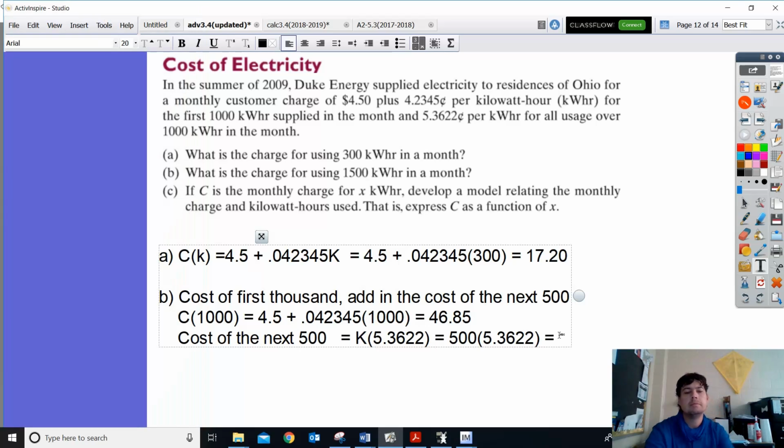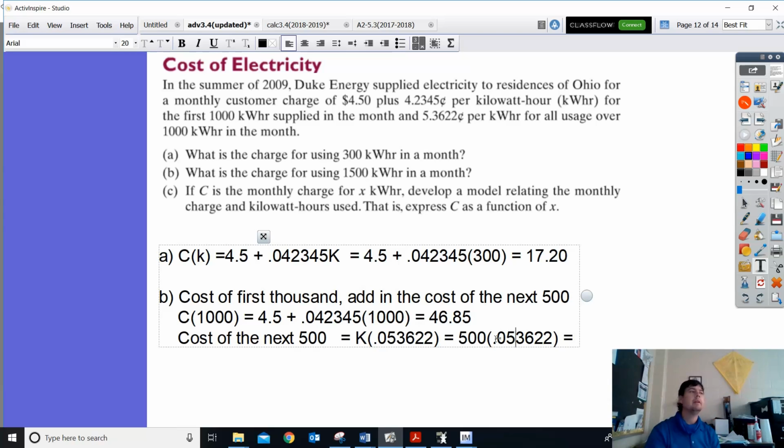$505.36. That seems wrong because I did the same thing I did last time. Decimal place. This was where I did the cost of the first 1,000. I am going to eventually add this in. I'm just not there yet.